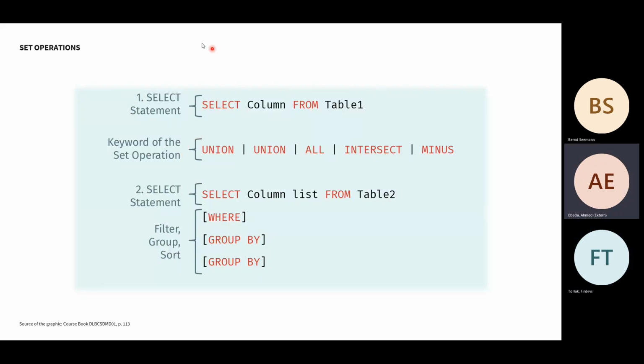So let's go for set operations. Anyway, we select column from table, and then we have union, union all, intersect, and minus. Minus is to remove some amount of data from the results you get, and intersect is to do an intersection between some column or specific data.